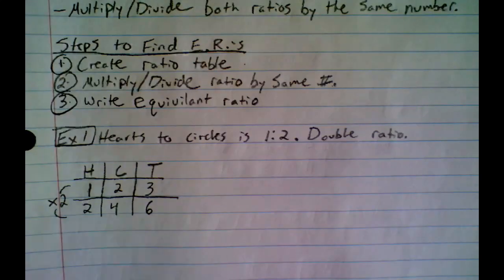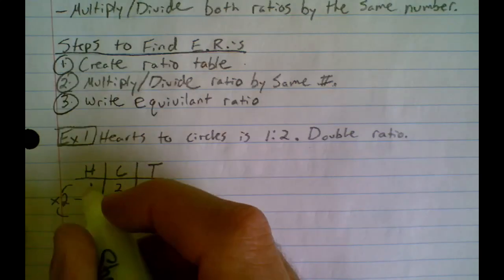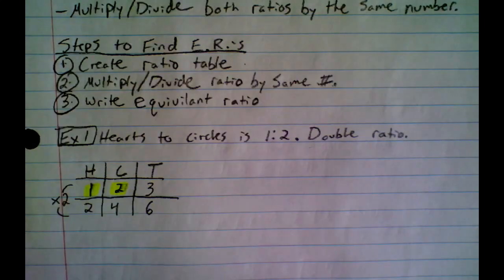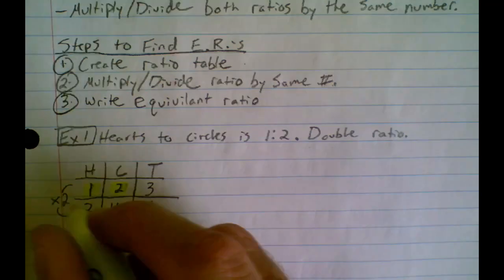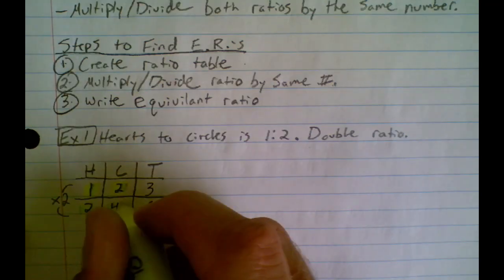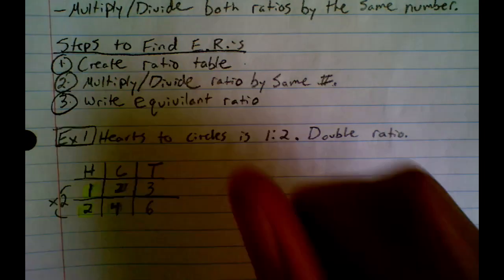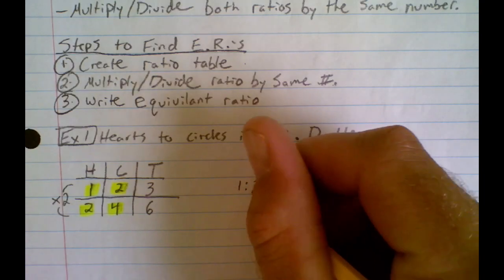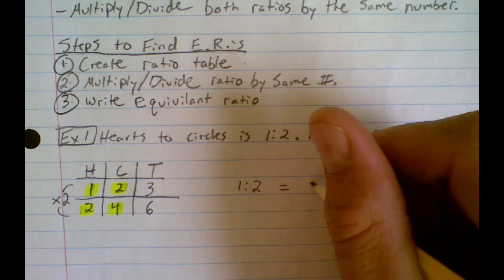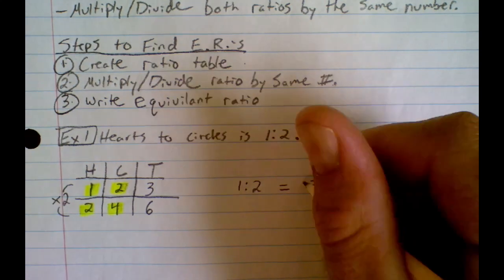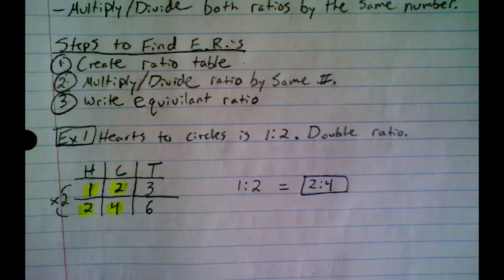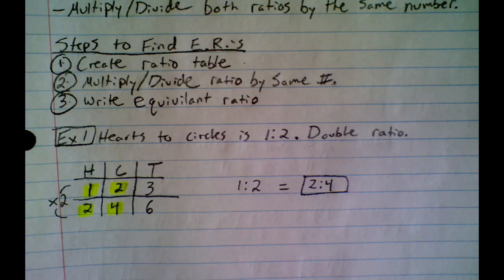Your initial ratio is 1 to 2, and once we double, we now have 2 to 4. So your ratio 1 to 2 is equal to 2 to 4, and 2 to 4 is your answer.